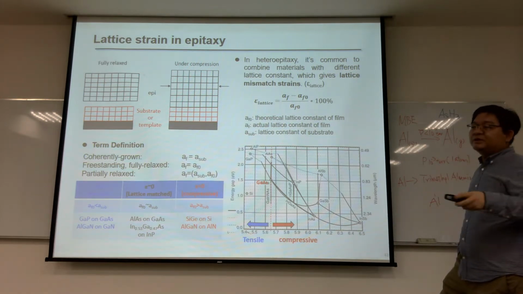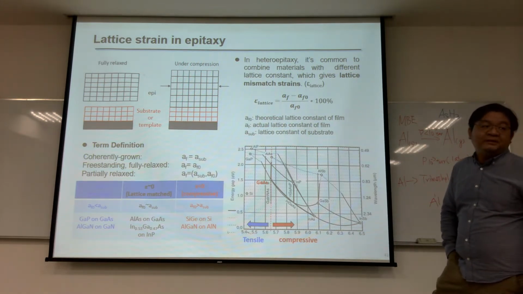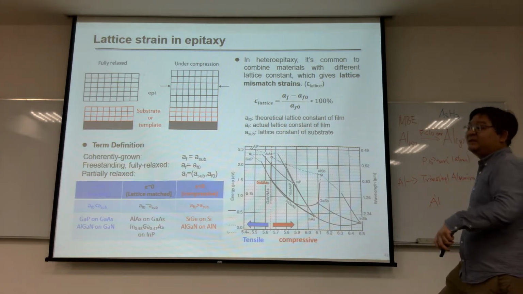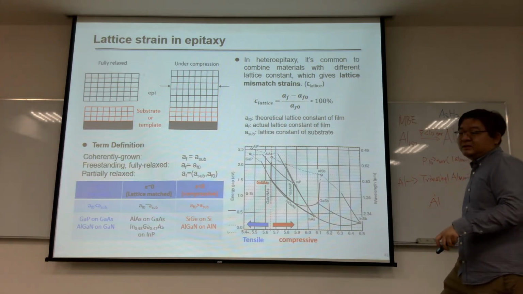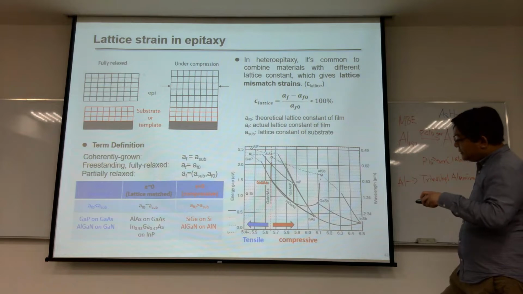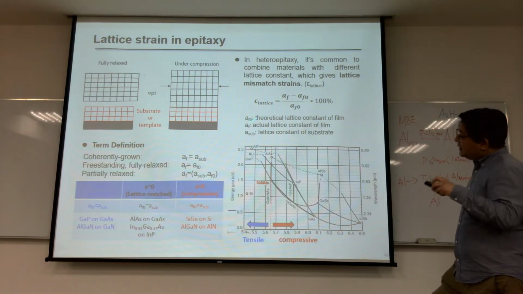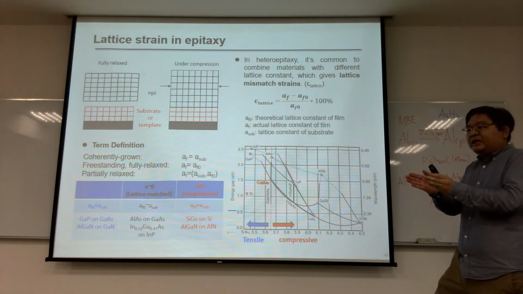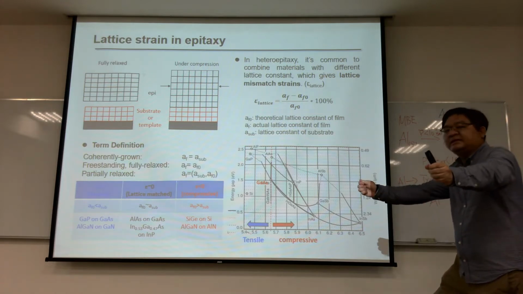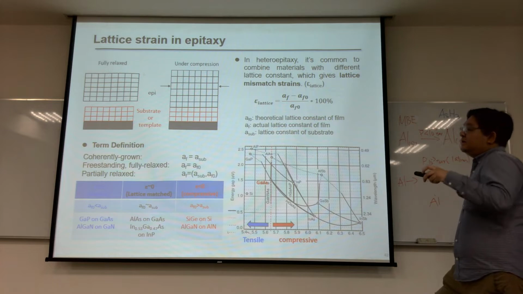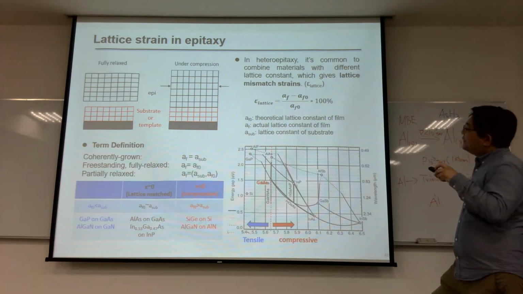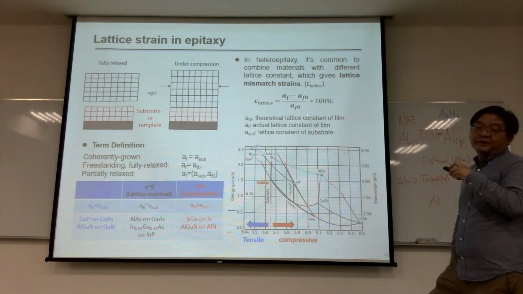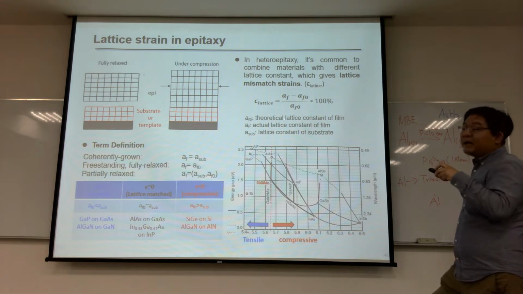That is difficult, because you're trying to combine different materials into the same device to build your laser or LED. In the other way, if the material is originally smaller, but you want to grow it on a larger substrate, you need to expand the size to fit the substrate. So your a_f is larger than its original value, so you get a positive lattice strain.